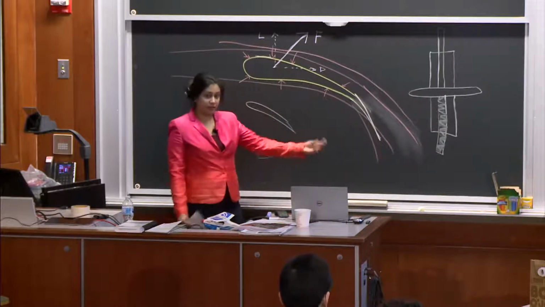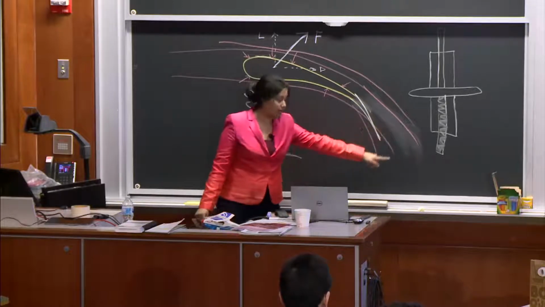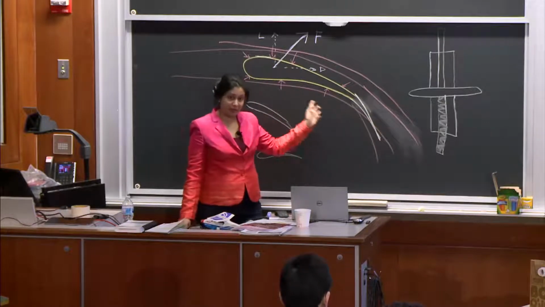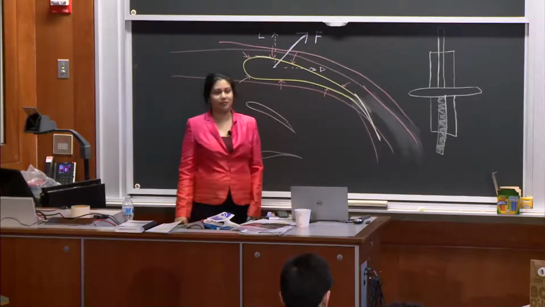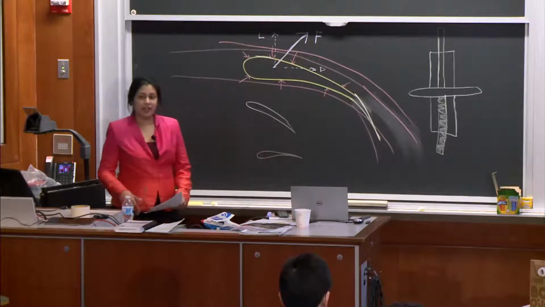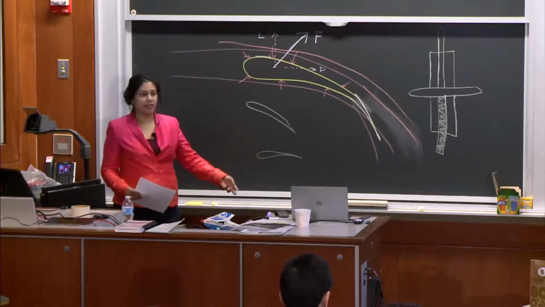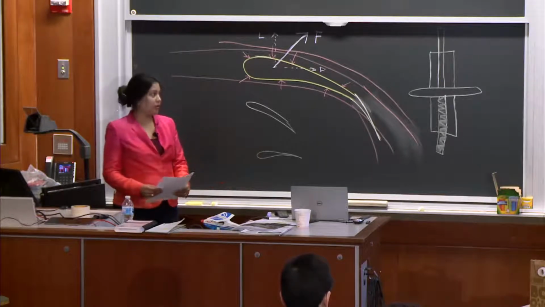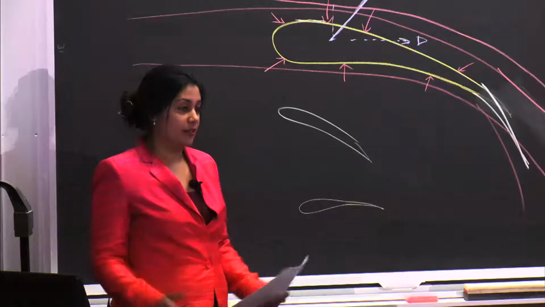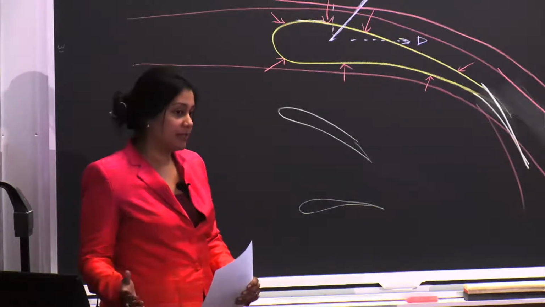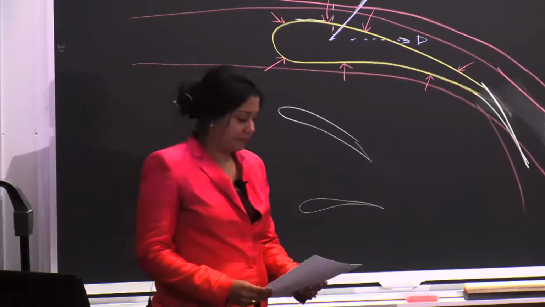You also have a couple of other specific requirements, such as that no air molecule from the top comes over to the bottom, and no air molecule from the bottom goes around to the top. You just assume that they move smoothly off. That Kutta condition is actually very helpful in approximating lift. We also make other assumptions that there's no viscosity or that the fluid is not compressible. Sometimes these assumptions are appropriate and sometimes they're not.